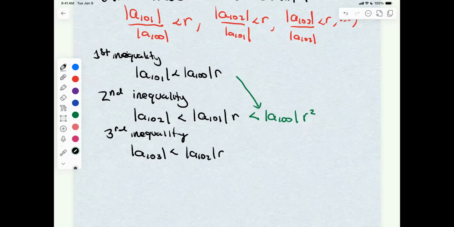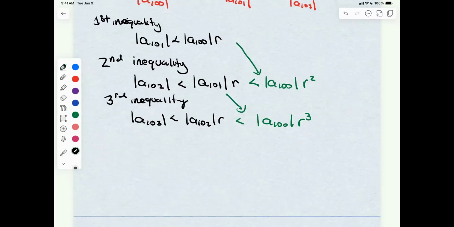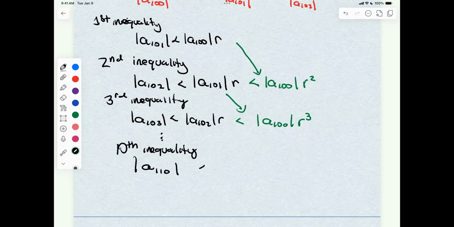You put it into here, and this is less than A of 100 times R cubed, right? If you were to keep going, what would the 10th inequality say? It would say that A of 110 is less than A of 100 times R to the 10, right?